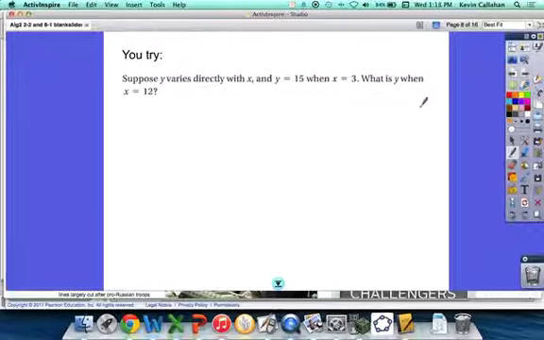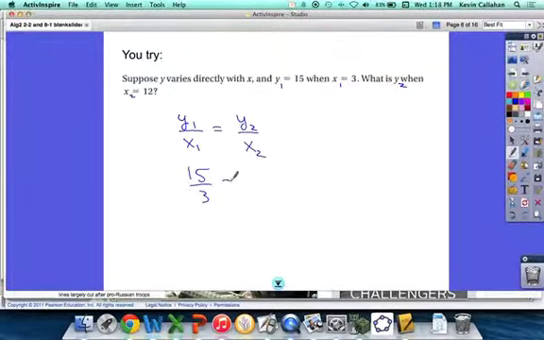Okay, so if I'm going to solve this using a proportion, again, what I'm saying is y1 over x1 equals y2 over x2. In my problem here, y is 15 when x is 3. So that's x1, y1. Find y when x is 12. So just substitute for those numbers. 15 over 3 equals y over 12.